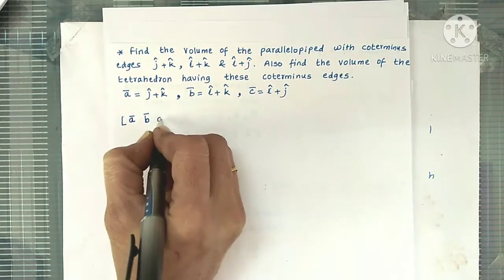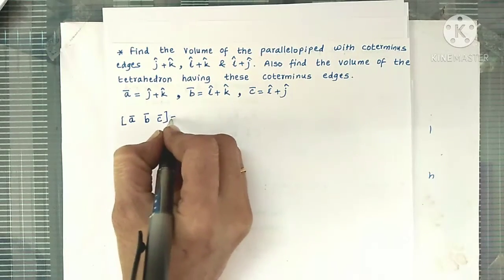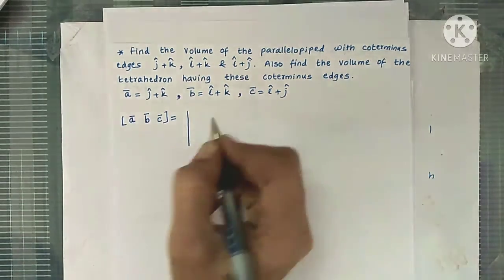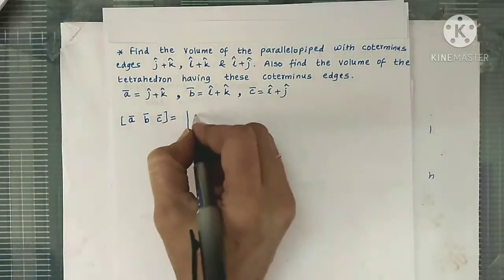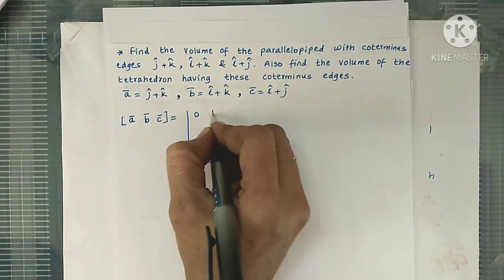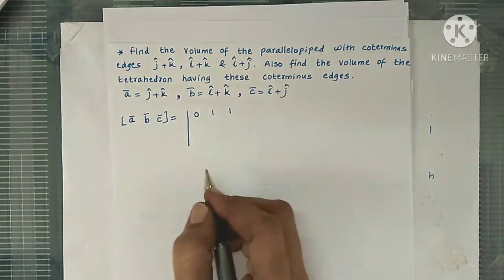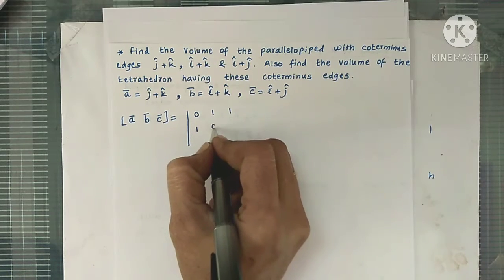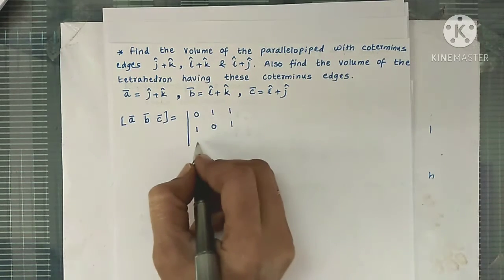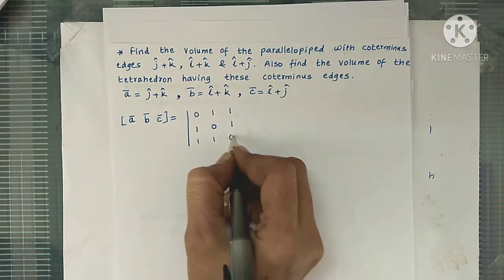So scalar triple product [a bar, b bar, c bar] is a determinant. Coefficients of i, j, k from a bar: the term in i cap is not there, so it is 0, the coefficient of j cap is 1, the coefficient of k cap is 1. For b bar, it is 1, 0, 1, and for c bar we have 1, 1, 0.